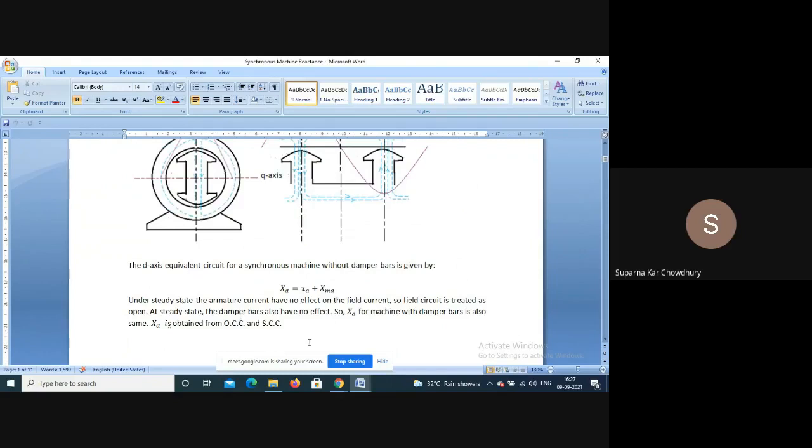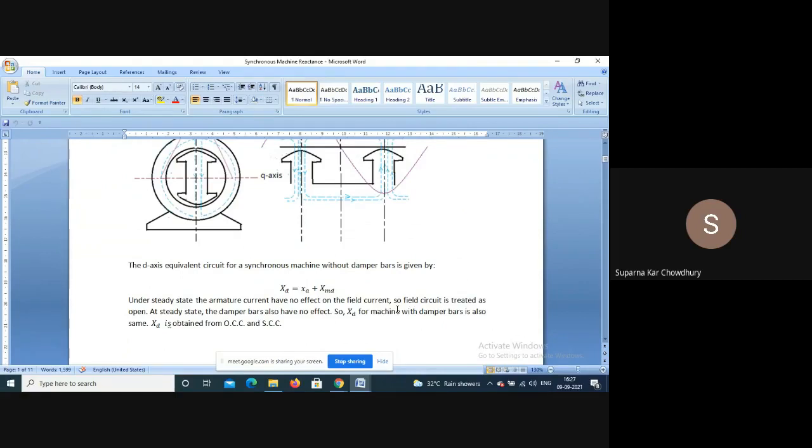Then under steady state, the armature current has no effect on the field current. So the field circuit is treated as open. That is the normal condition: the field current is not affected by the armature current, nor the armature current by the field current.